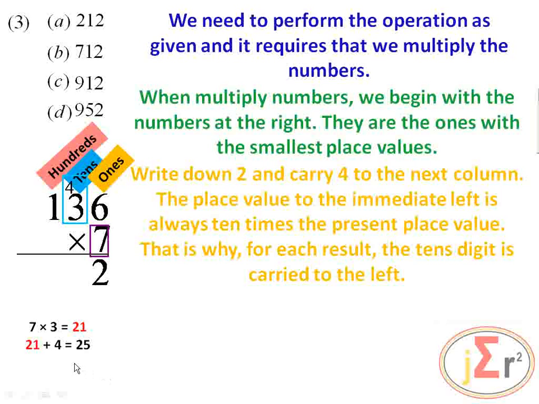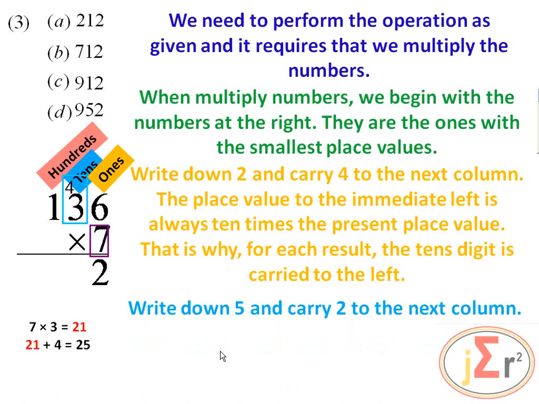The 5 will take its rightful place in its present place value column, and the 2, which is a digit of greater significance, will be carried to the column of greater significance. So write down 5 and carry 2 to the next column.